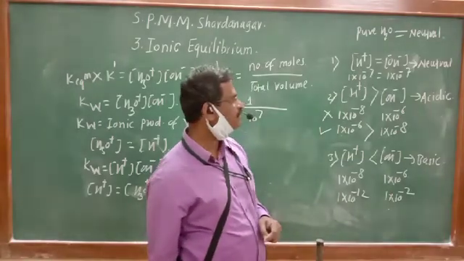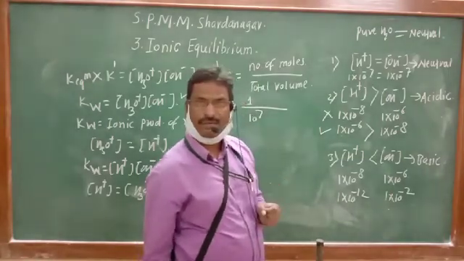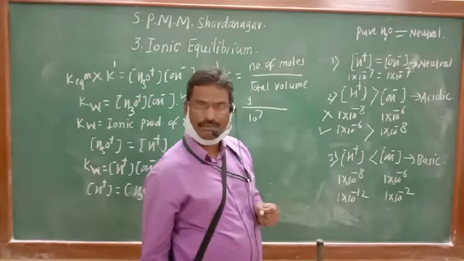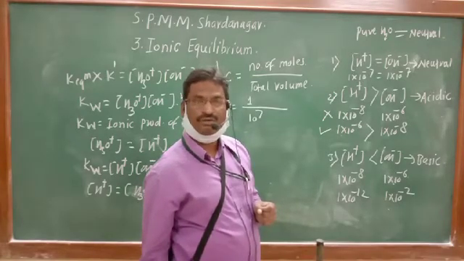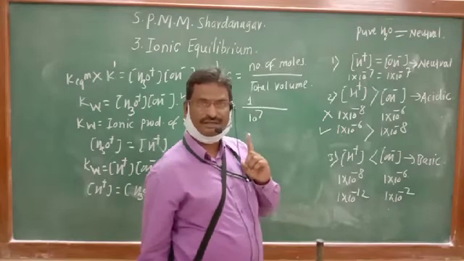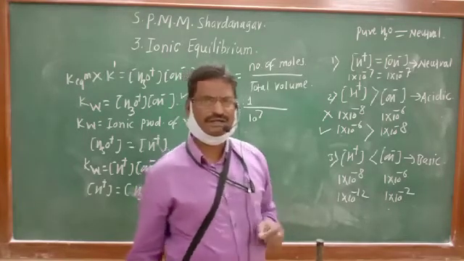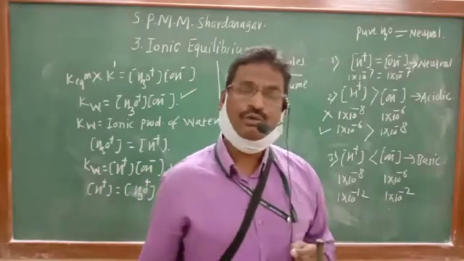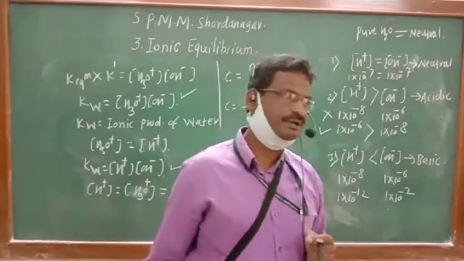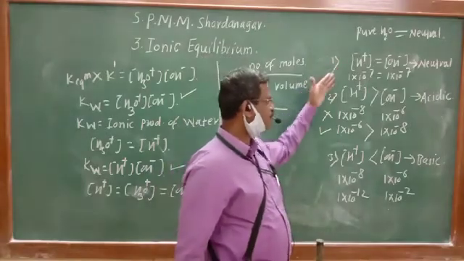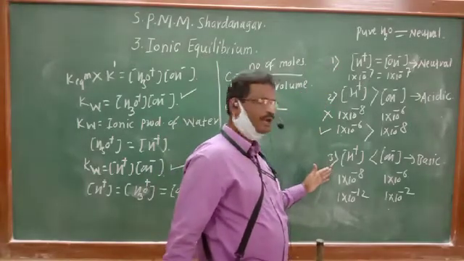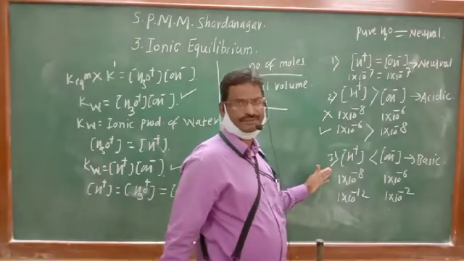In this manner, on the basis of ionic product of water, on the basis of concentration of hydrogen ion or hydronium ion and concentration of hydroxide ion, we can classify the solutions as neutral solutions, acidic solutions and basic solutions.